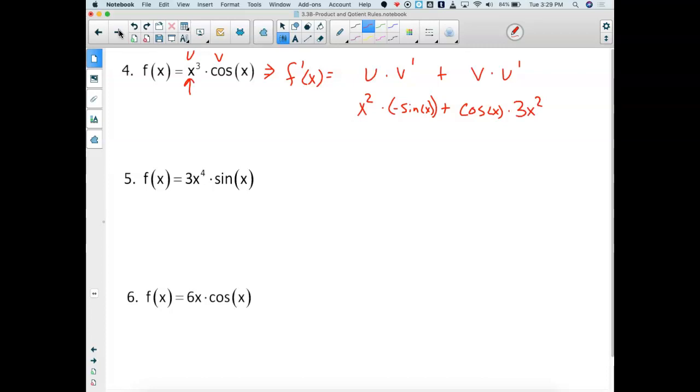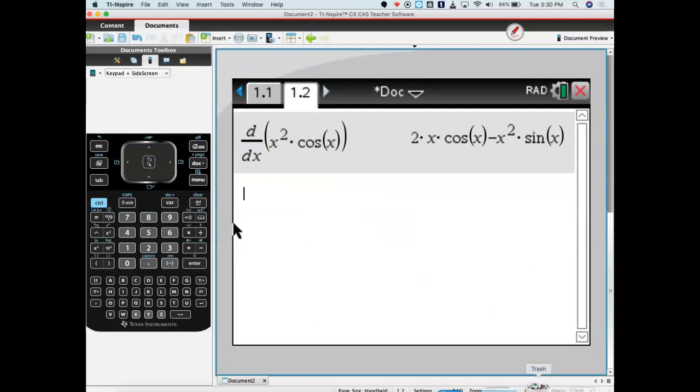Well, how would I actually arrange this? I would probably say it's negative x squared sine x plus 3x squared cosine x. Well, let's check it out. Is that what we get when we check this one in our CAS? Well, I'm just going to come up here and bring my template down. And in this case, we're taking an x cubed times a cosine x, and we get 3x squared times cosine x minus x cubed.